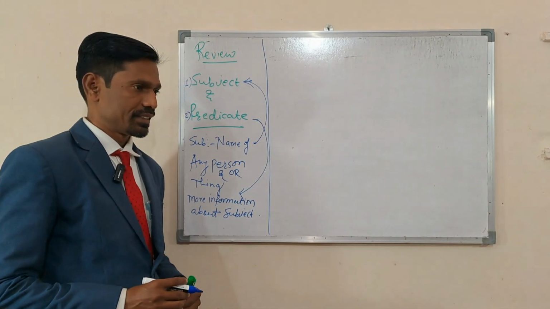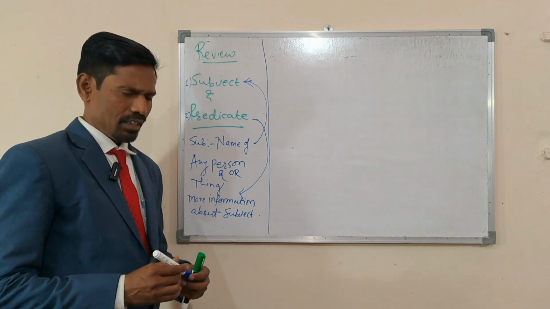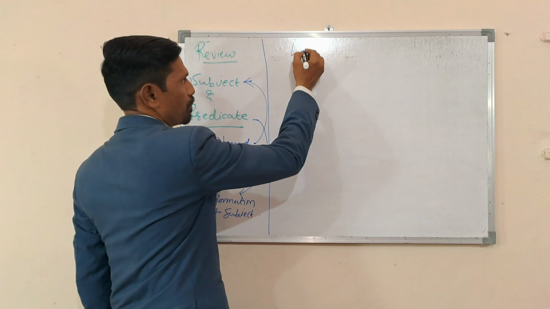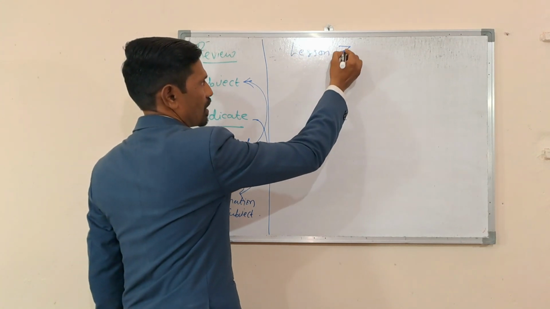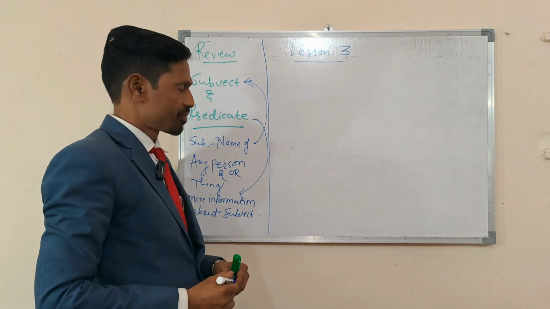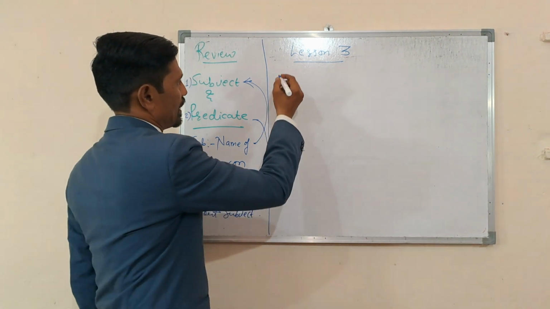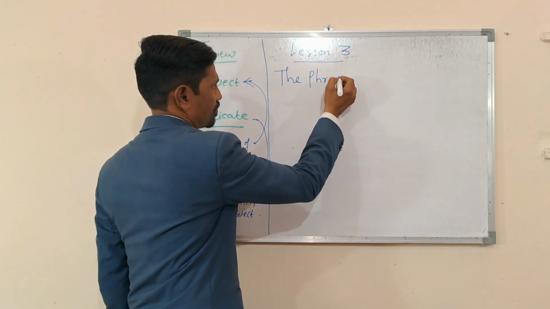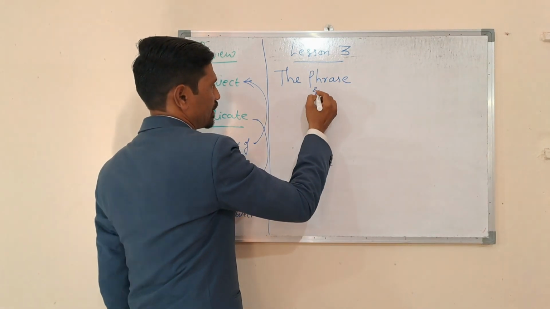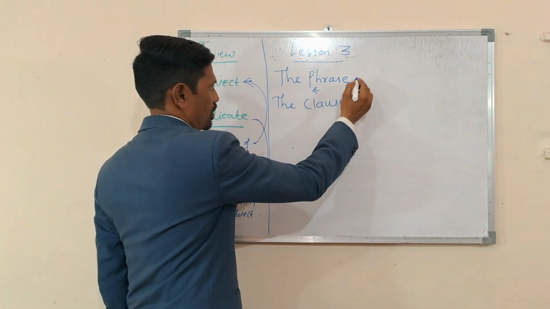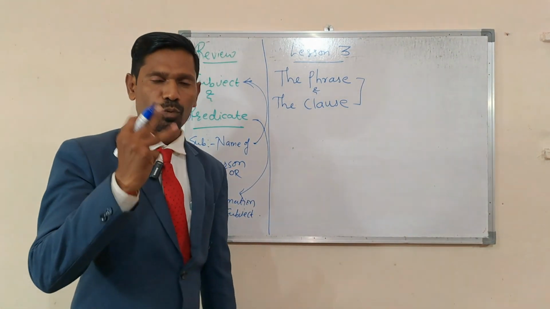So in that we focused on these points, and today we are going to start lesson number 3. What is the name of this lesson? Lesson number 3 is the phrase and the clause. Two points are there.